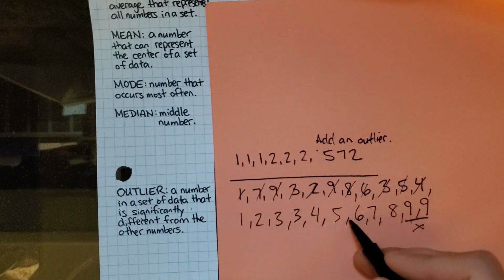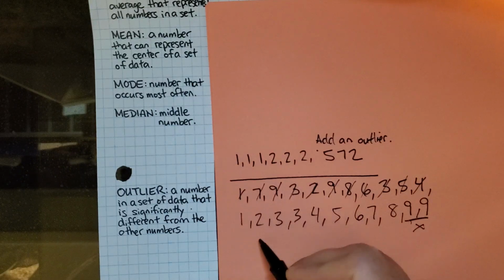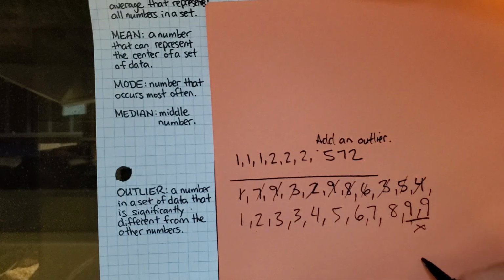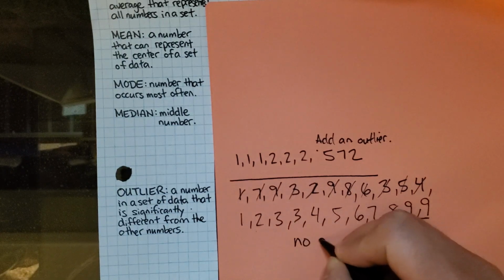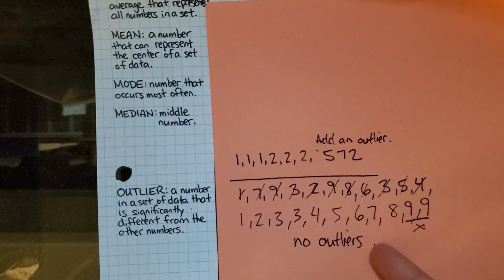If you look at it, the differences between these numbers is 1. So the difference between 1 and 2, 1. 1, 1, 1, 1, 1, 1. I would argue that there are no outliers for this set of data. So sometimes there isn't one. All right, so make sure you know that too.